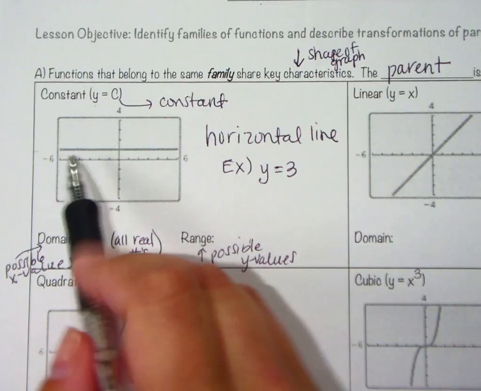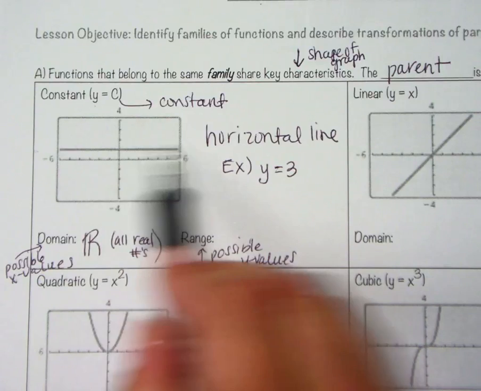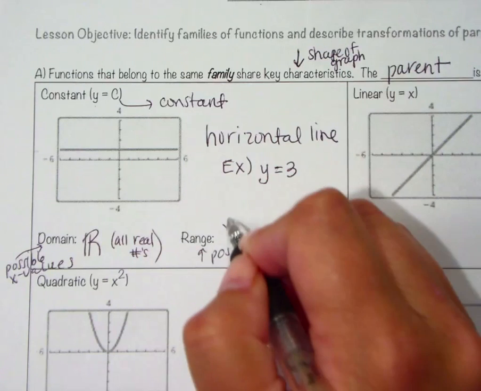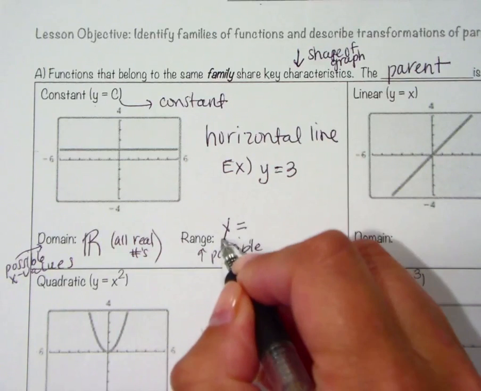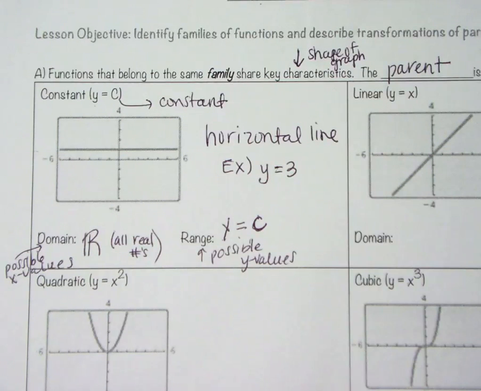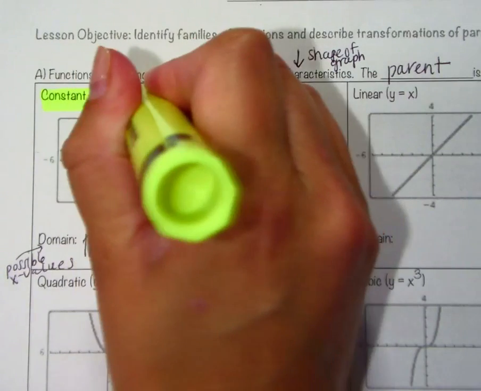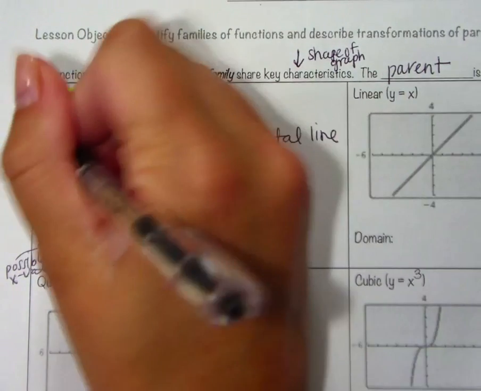And then the range, if you look at the y values, each of those points on that graph has the same y value. So the range, or y values, is equal to whatever that constant c is. This is one of the functions that you want to focus your attention on, that constant function.